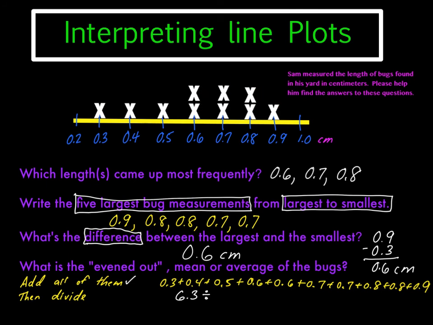So we are going to be dividing by 10. And when you divide that by 10, you get 63 hundredths. And that will be our final answer. So what is the evened out or mean average of the bugs? So it would be 63 hundredths of a centimeter.